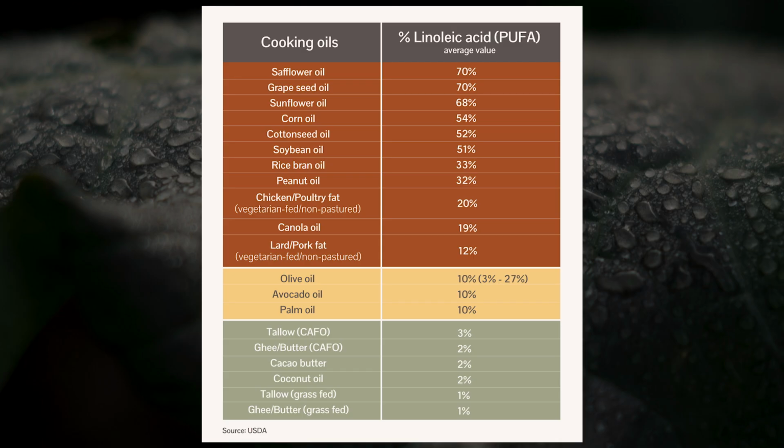Here's an overview of cooking oils and their percent of LA. And as you can see, safflower oil is at the very, very top. And at the very, very bottom are coconut, and tallow is very low, and also ghee or butter. And so you cannot avoid any LA intake.